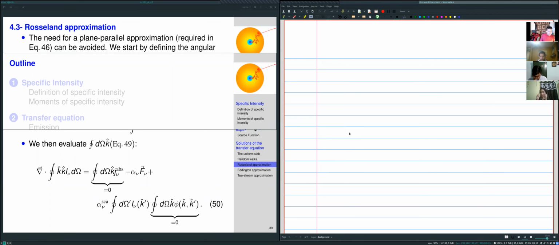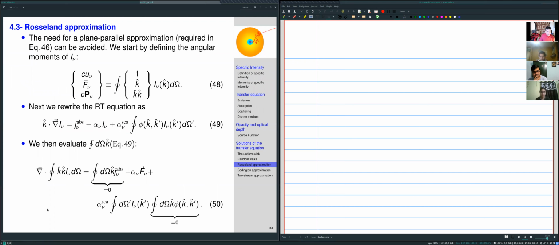Good. So in the past couple of lectures, we got stuck on equation 50 here in an alternative derivation of the plane parallel approximation. During last lecture we realized that this last term here is not always zero.